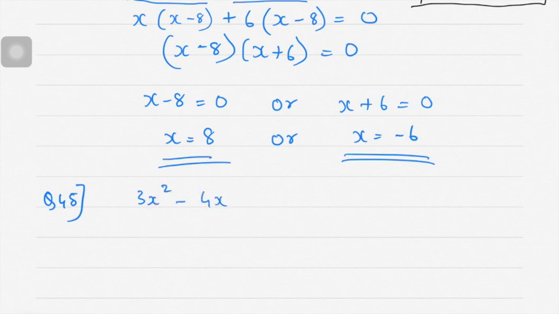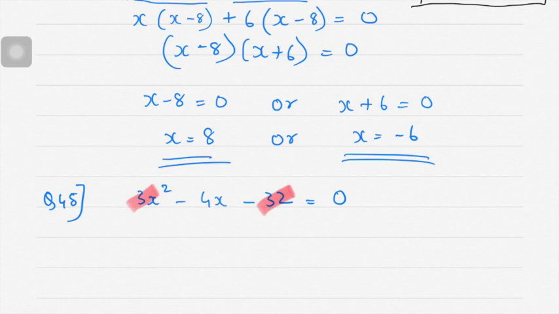Question 45. 3x square minus 4x minus 32 is equal to 0. Now in this case, when you factorize, with x square there is 3.